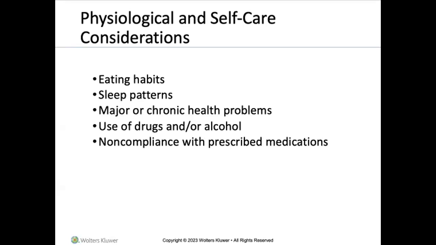Again, the more you get into this content, the more you'll realize that certain chronic health problems can create mental health illnesses. So, if they're not taking their thyroid medication, they might have a period of hypothyroidism, which might look like depression, or they might have hyperthyroidism, which can lead to anxiety and more manic type of behaviors.